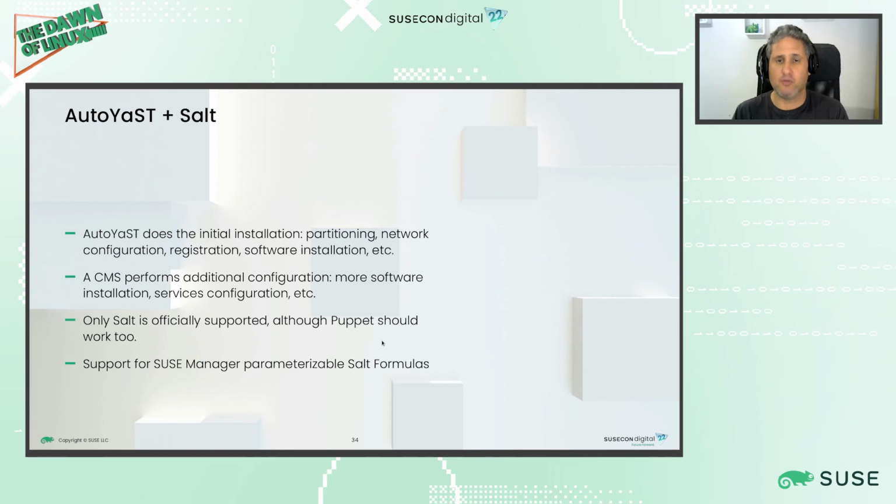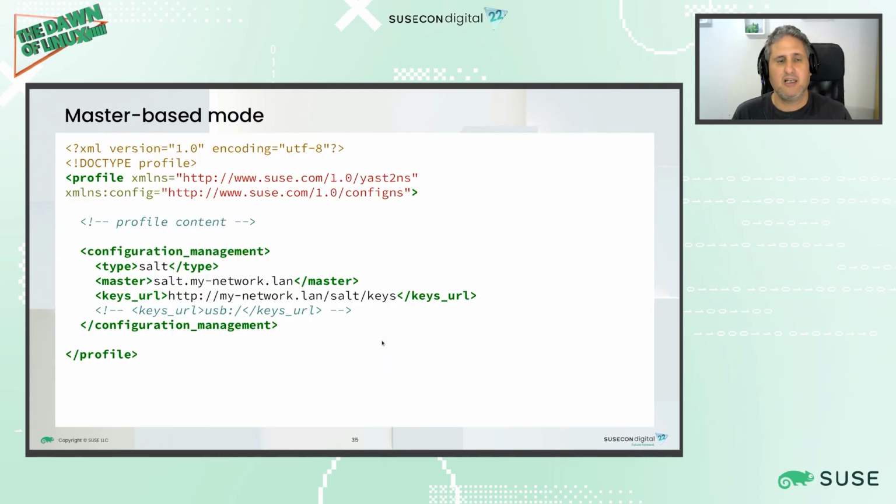And there is also support for SUSE Manager parameterizable Salt formulas, which is basically that you can define in a YAML file a set of forms that the user can fill, and that information is passed to Salt. So it can use that information to run Salt with the given parameters.